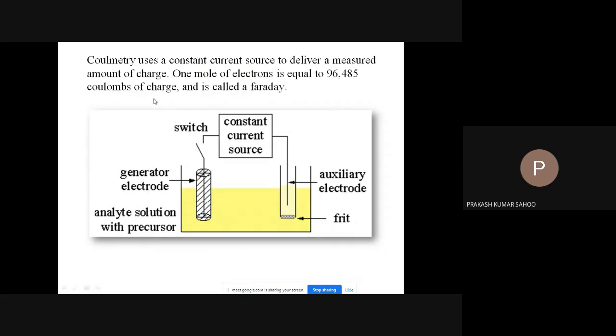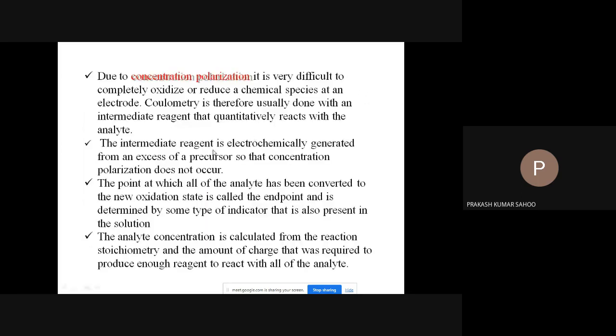So coulometry uses a constant current source to deliver a measured amount of charge. 1 mole of electricity, that is 1 Faraday, is 96,485 coulombs, and this will be the construction or one figure of your electrochemical cell, where this is the auxiliary electrode, this will be the analyte solution with the precursor and generator electrode, then these are the current source, and these are some points that is due to concentration polarization.